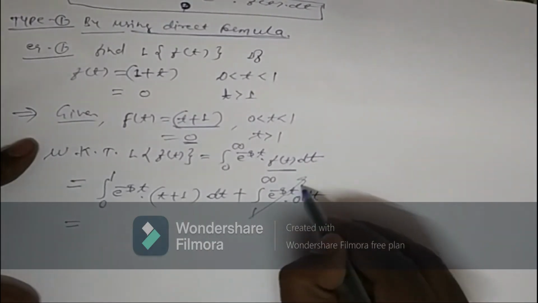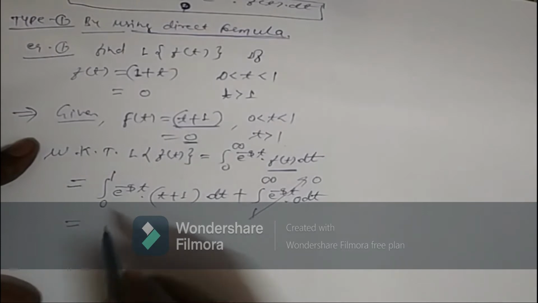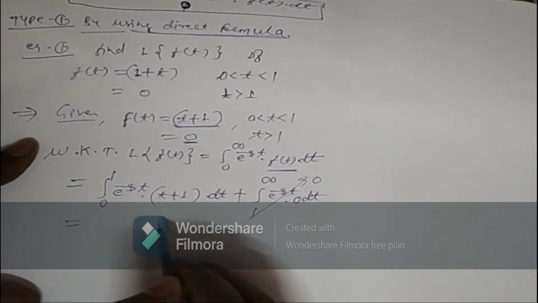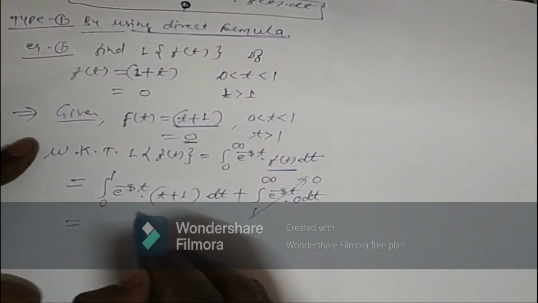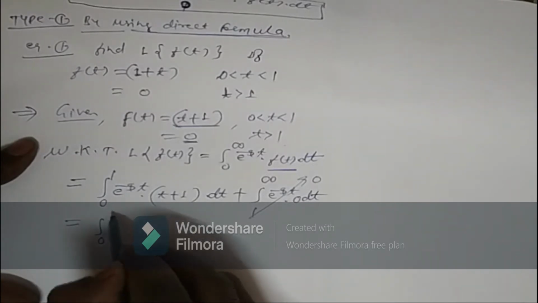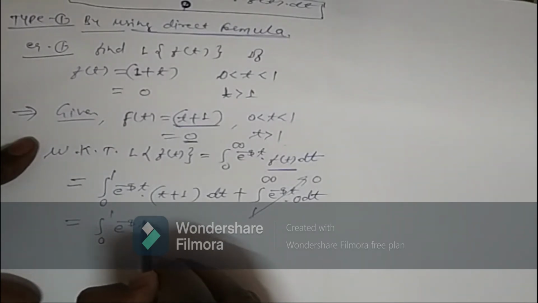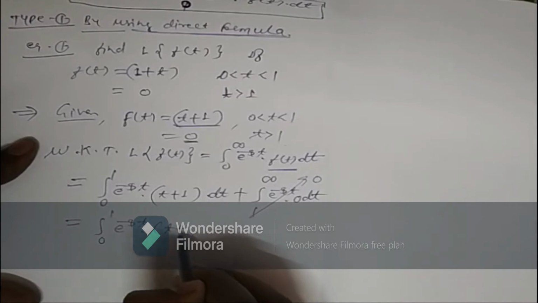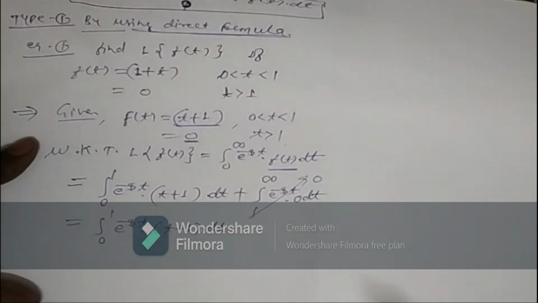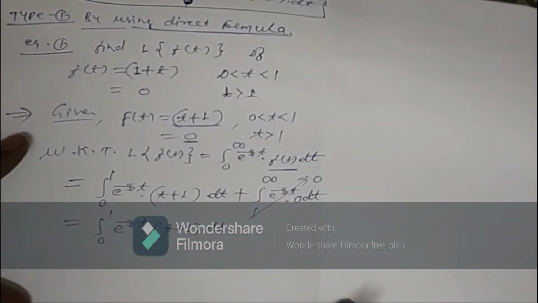So this term will be 0. Okay, so now just we have to solve this. So here, integration from 0 to 1 e raised to minus st into t plus 1 into dt. Okay, now we have to solve this integration.